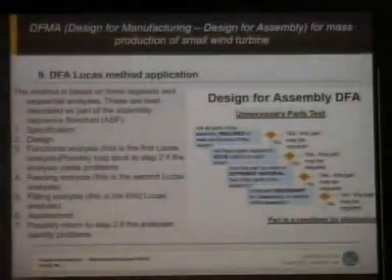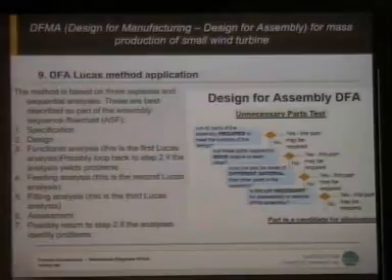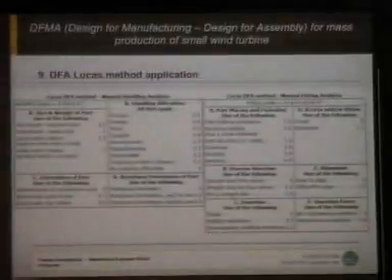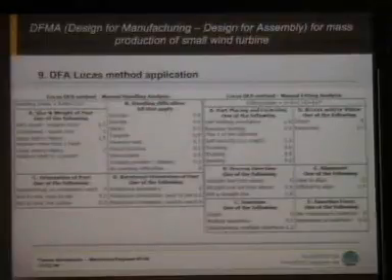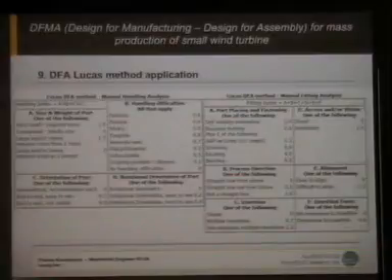This is the exact DFA Lucas method, which follows these steps. You go through functional analysis, you characterize each part according to this table, and you get a specific rate, a mathematical type of rate.